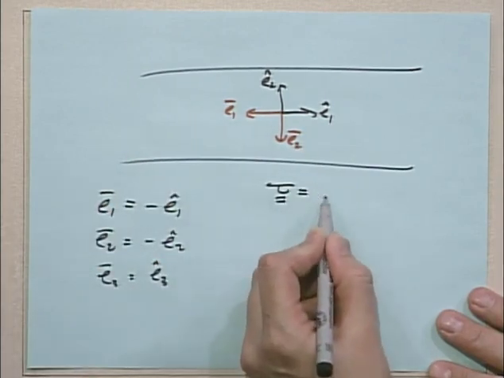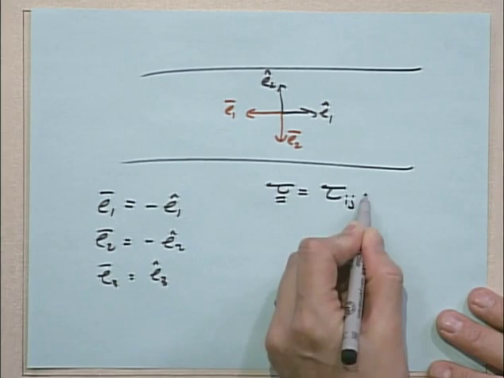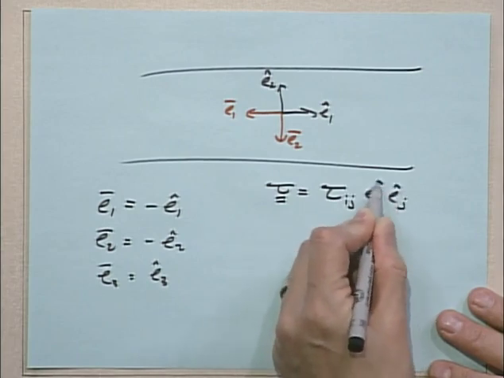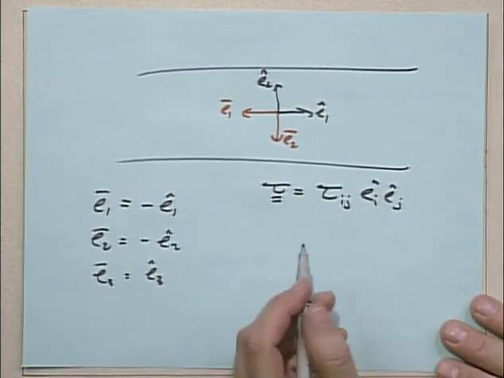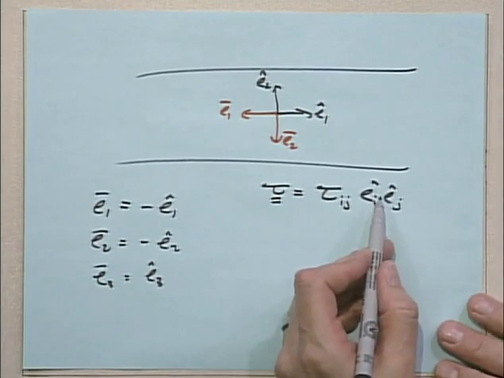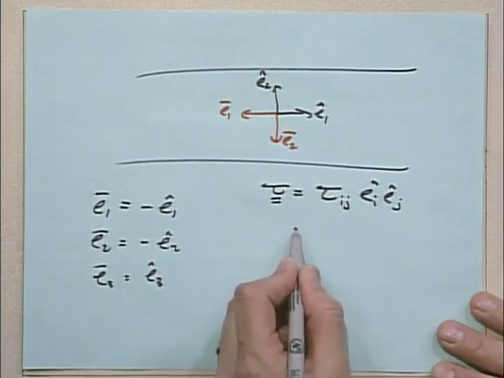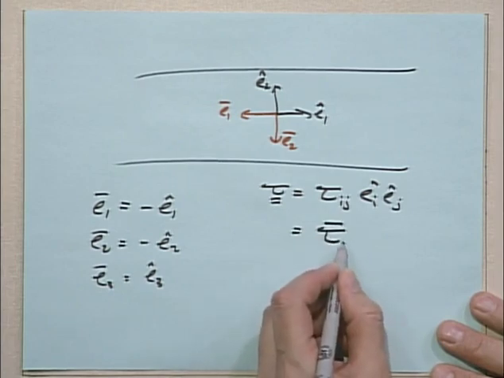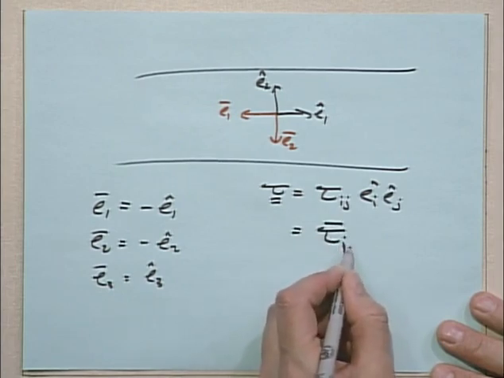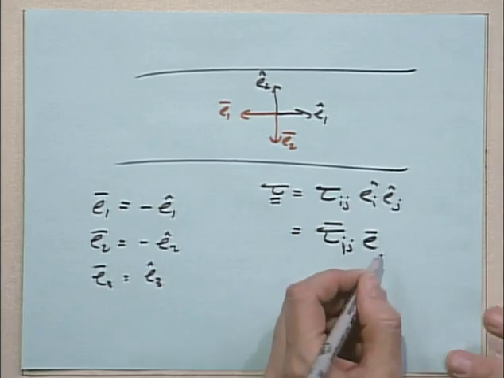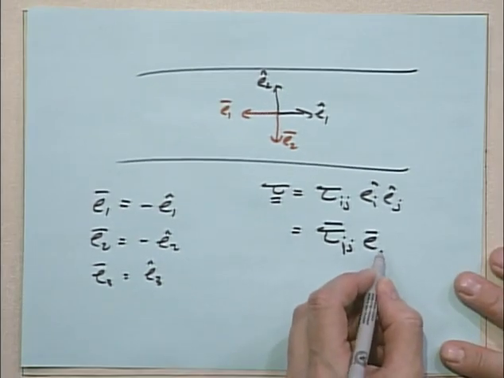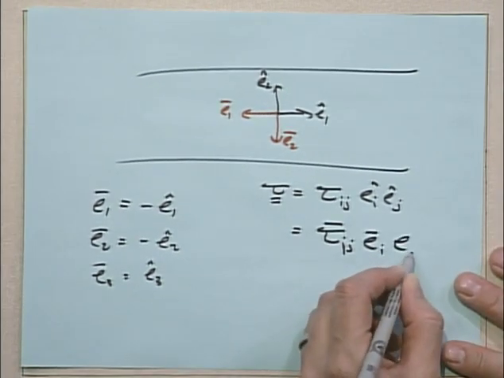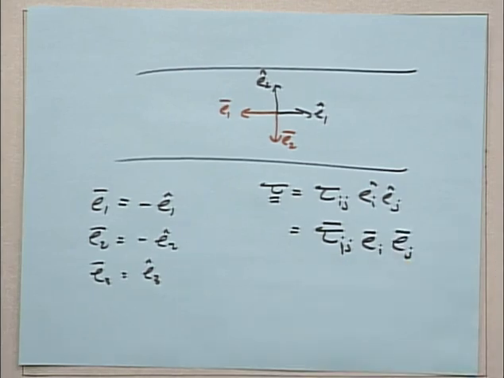And I can write tau ij ei ej for the stress tensor written in the hat coordinate system. And I can write the same stress tensor using different basis vectors, tau ij ei ej, but the barred ones.